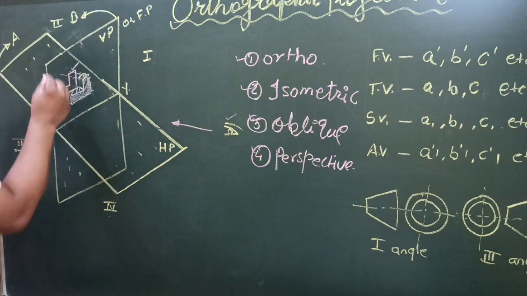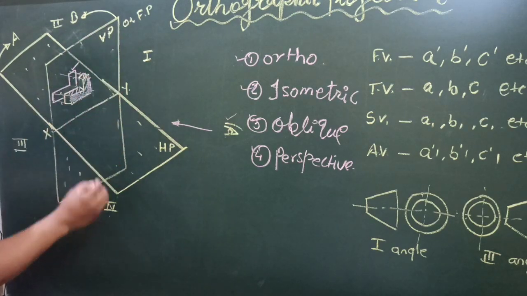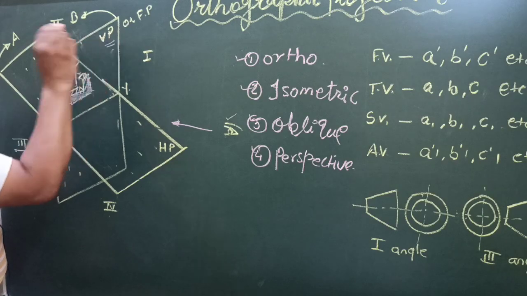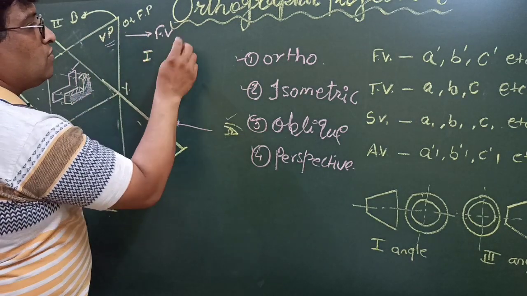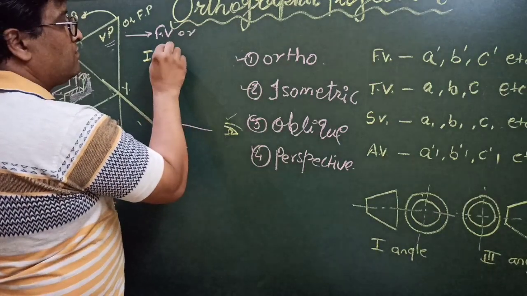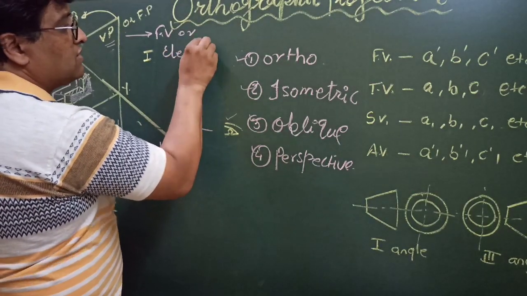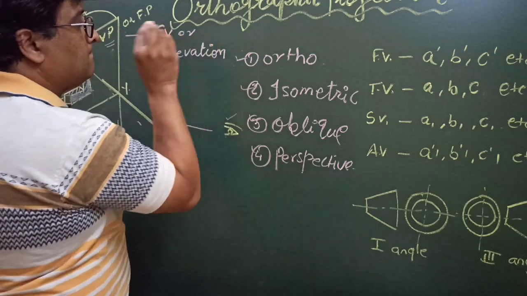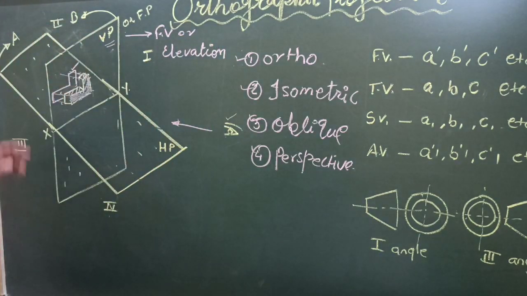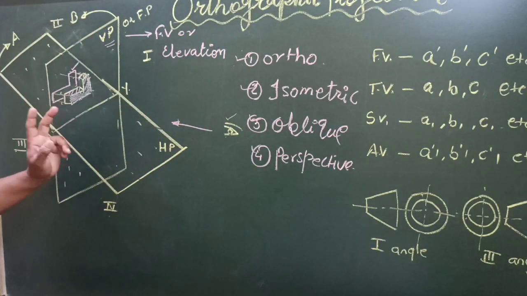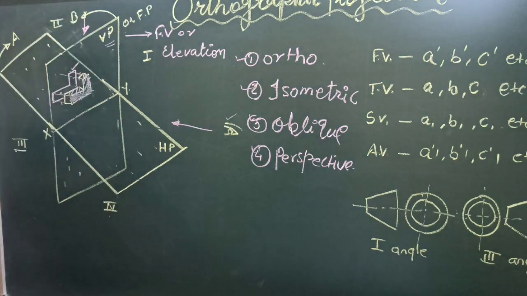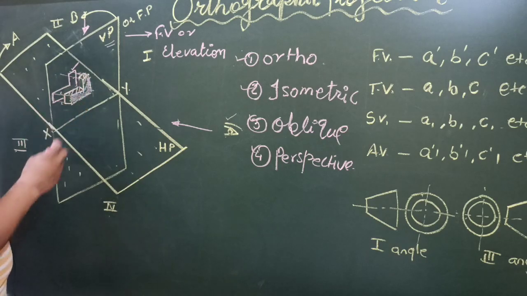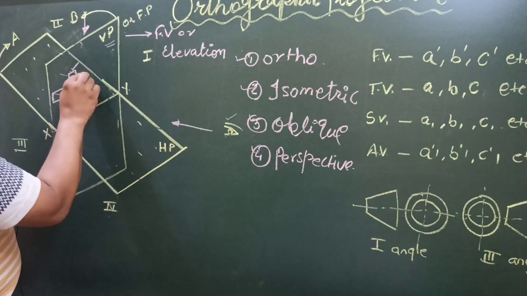So when we draw the drawing on the vertical plane, it is called front view or elevation. Now if we see this object from the top and draw whatever is visible, what is visible in top view?